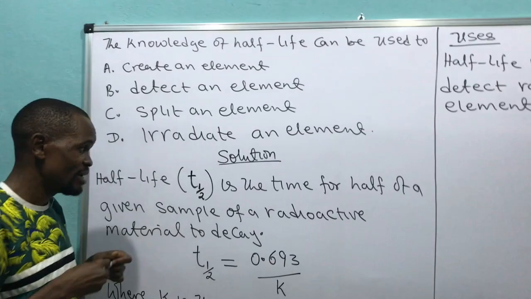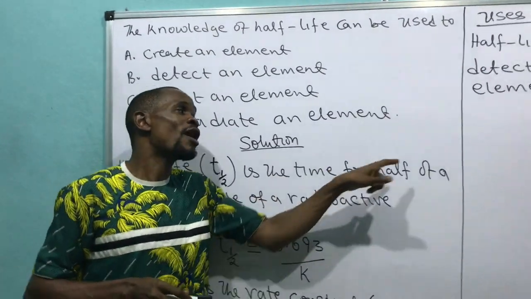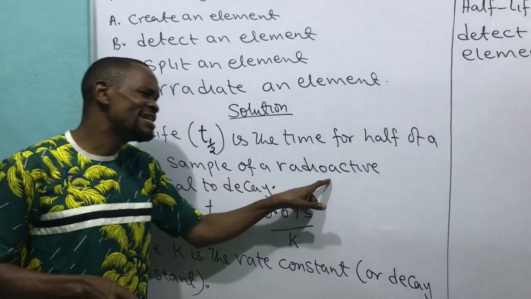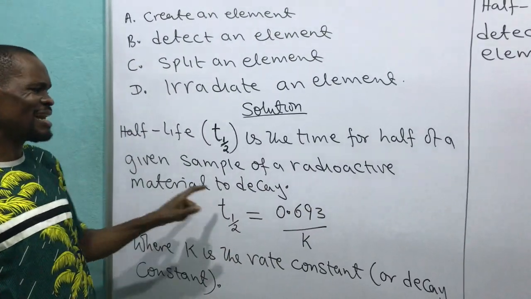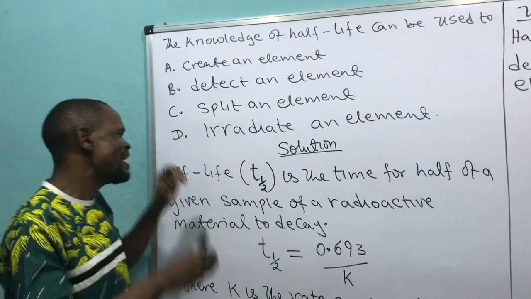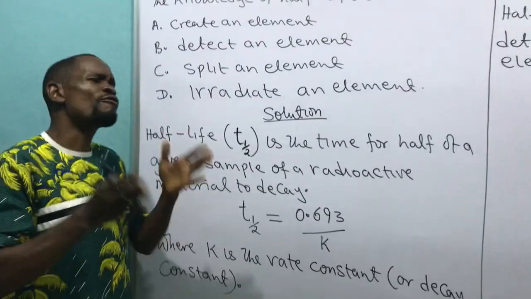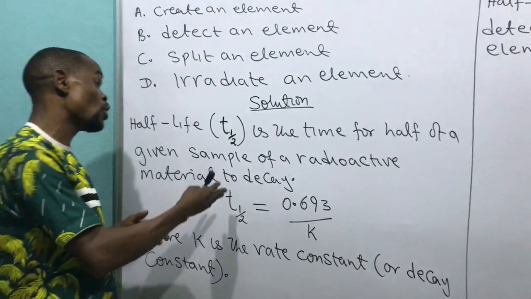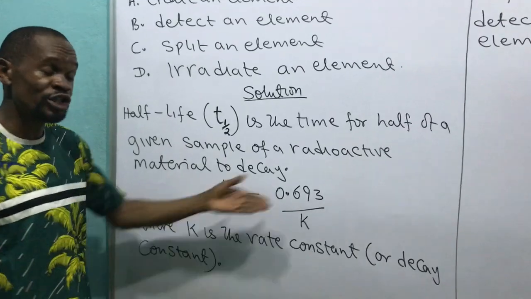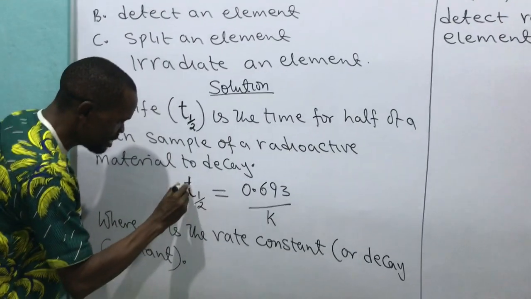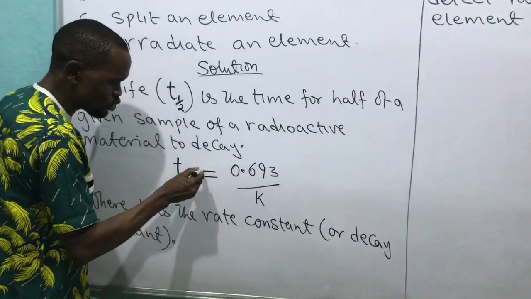Half-life is the time for half of a given sample of a radioactive material or element to decompose or decay. Then we say half-life has a formula. Look at the formula of half-life, which is equal to what?